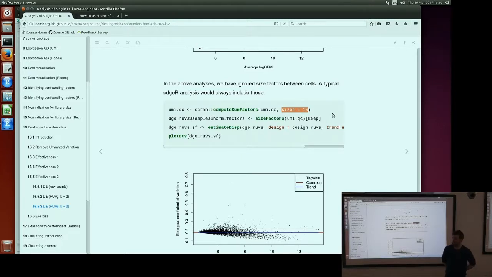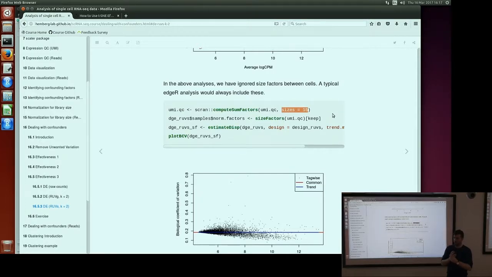Yep. You don't have different batches, but you want to look into intra-heterogeneity between the cell types. Can you use a similar idea to what you were talking about using edgeR in order to just compare the differential expression between the cell types that you've defined during your analysis? So the question is, if we define cell types in whatever way in our experiment, could we then use edgeR to look for differentially expressed genes between the cells of different cell types?